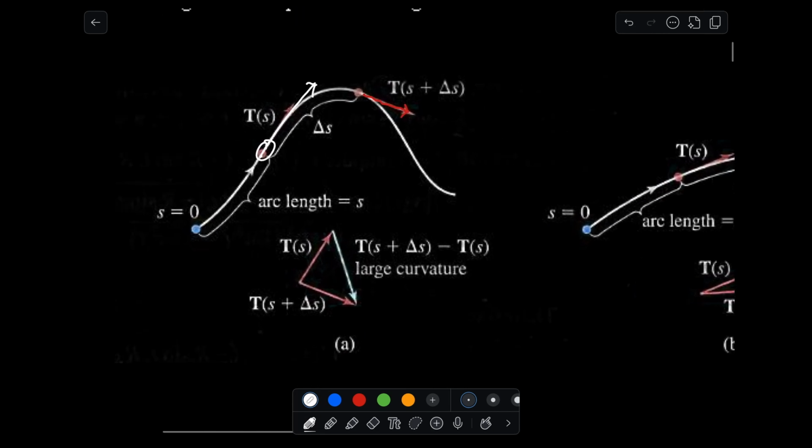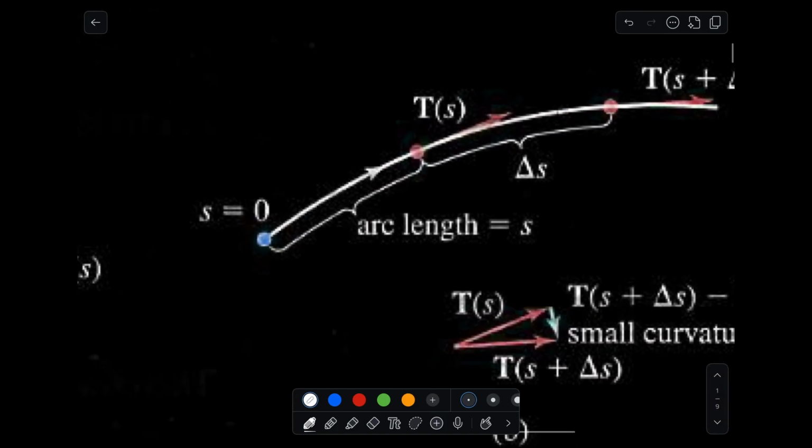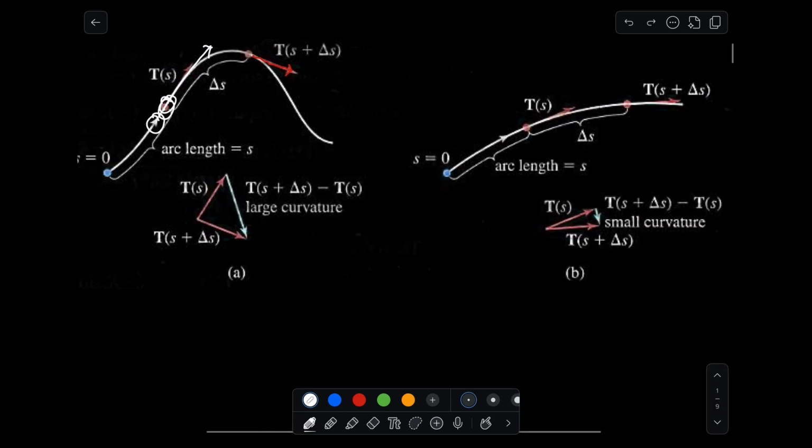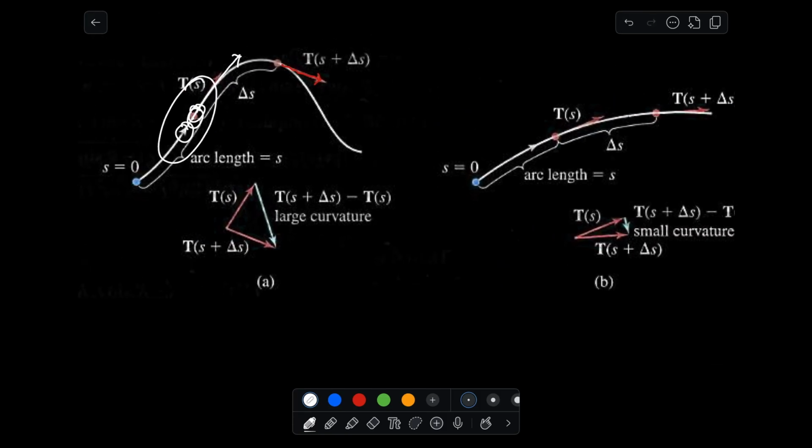As you can see right here, for example, from this point to this point, a small change in your arc length gets you a way different unit tangent vector, as opposed to this one right here, where it's relatively flat and, in fact, quite linear. So in this case, we would say that this curve on this interval has a greater curvature than this curve on this interval right here, right?